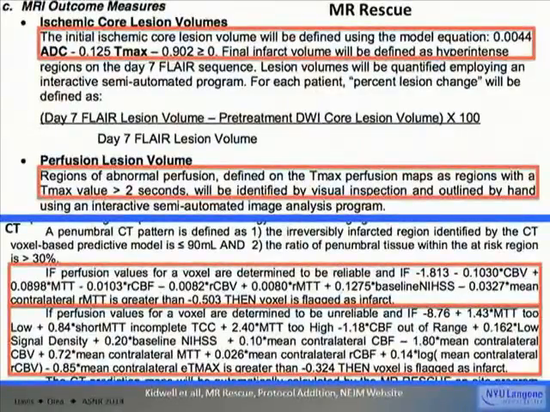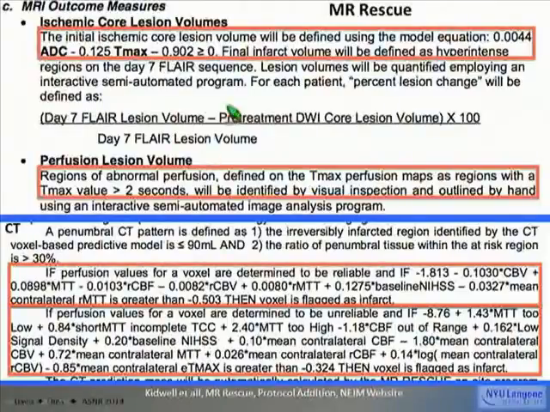This is from the 120-page protocol edition for the MR Rescue study. It's on the New England Journal site. It's great reading, I suggest you all go through it. But if you look carefully in that 120-page document, you can find the actual values they used to determine infarct core and penumbra. They use multi-parametric functions to determine that.